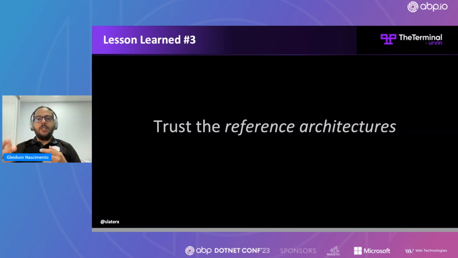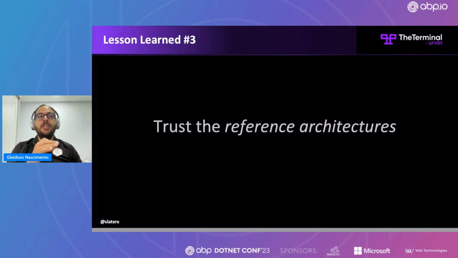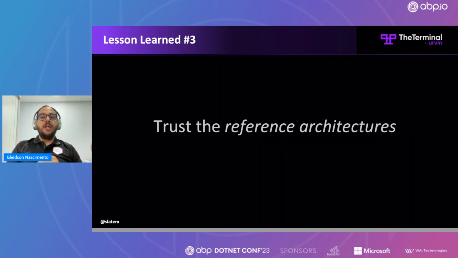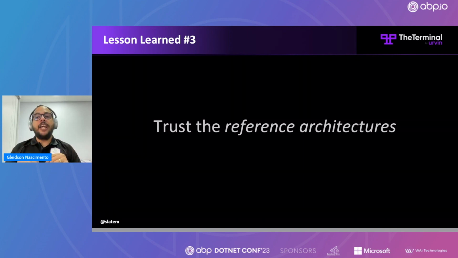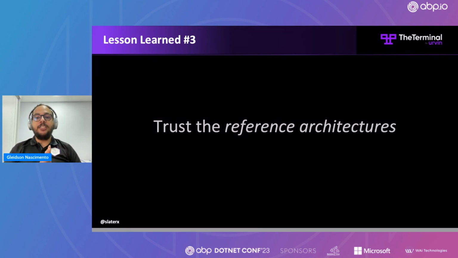So not only did we have to make sure that we had read the documentation and followed the best practices and design principles of the technologies we chose, we also had to make sure that we were doing our work in accordance with the reference architectures that those technologies provide.